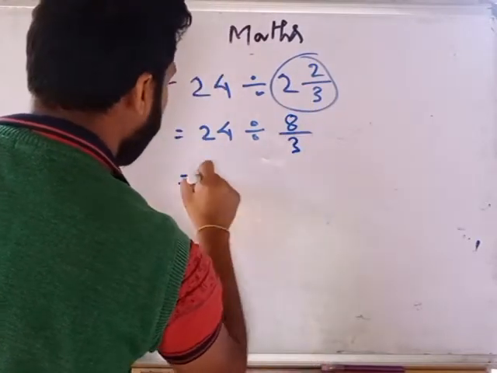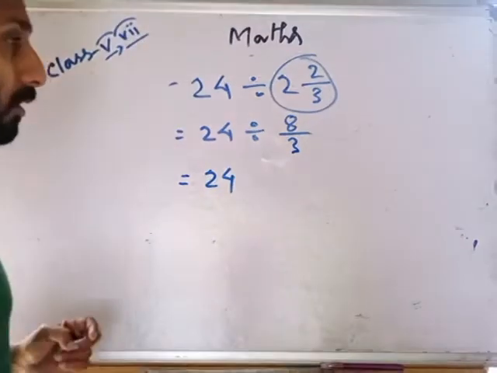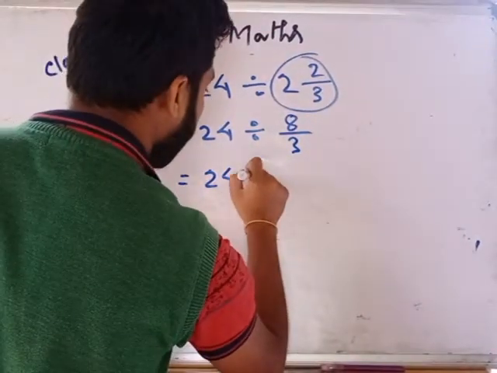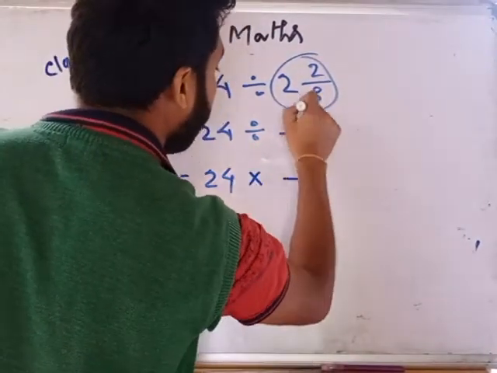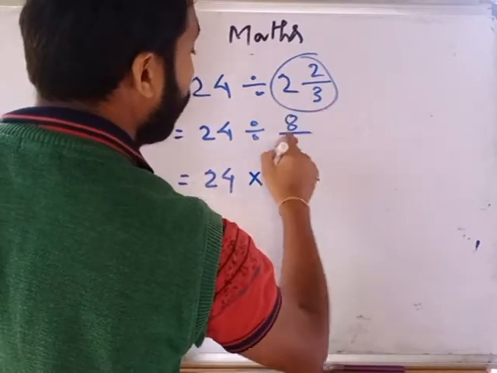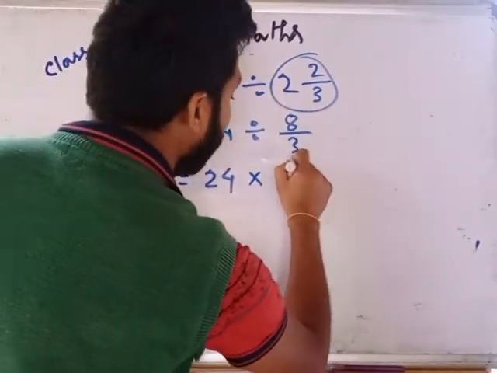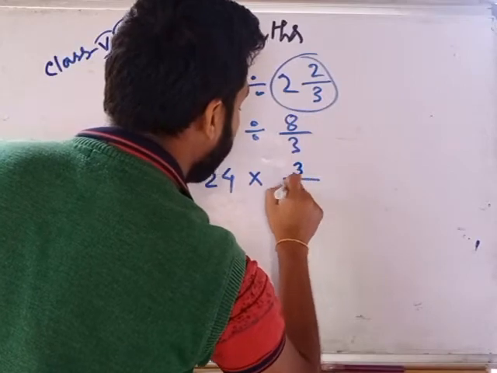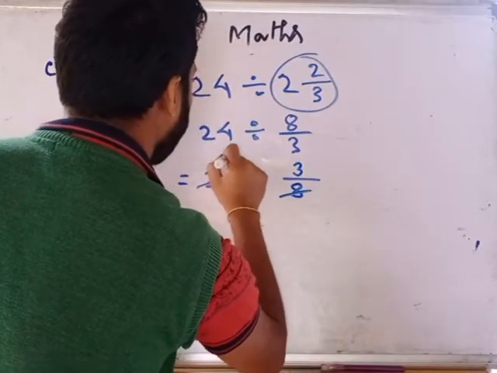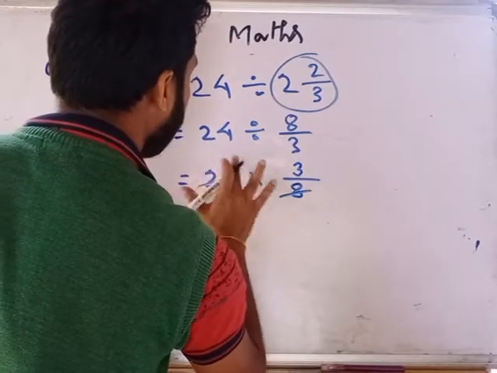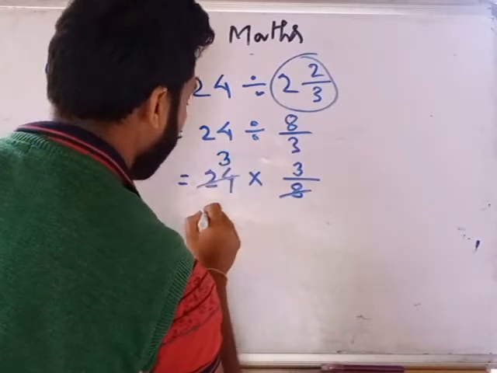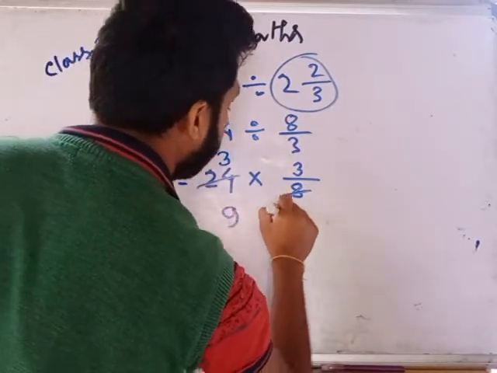At first the dividend is the same, then multiplication, and the inverse of this divisor, it is 3 by 8. It is a 9.